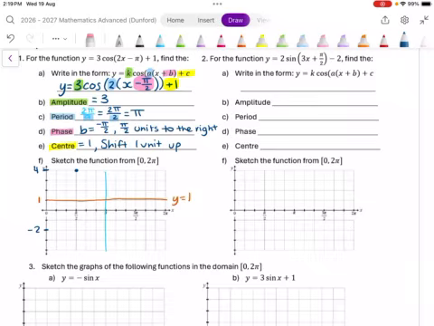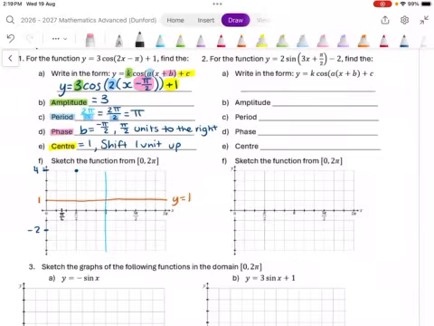So pi divided by 4 means we want increments of pi on 4, and this is not the best axis for it, so we should have a pi on 4 there and a 3 pi on 4 there. If we're looking in between pi and 2 pi, we'll have 5 pi on 4 and 7 pi on 4. So all of our odd numbers between 0 and 8 go on the top.